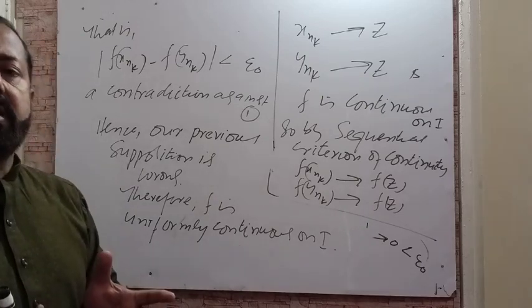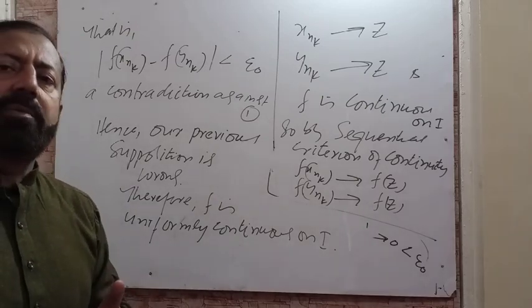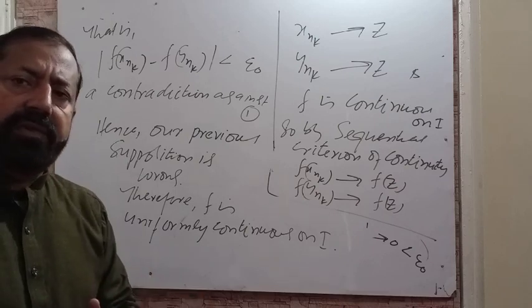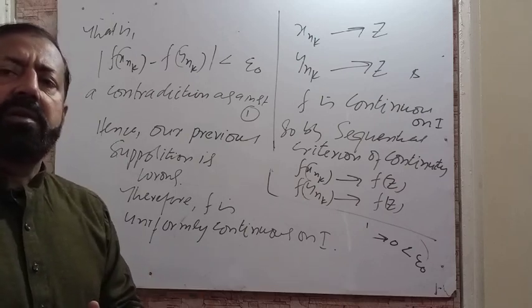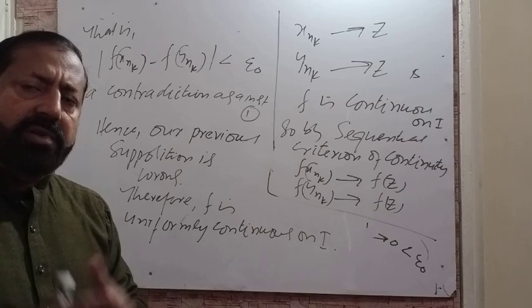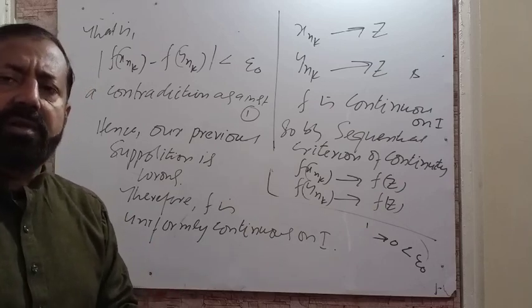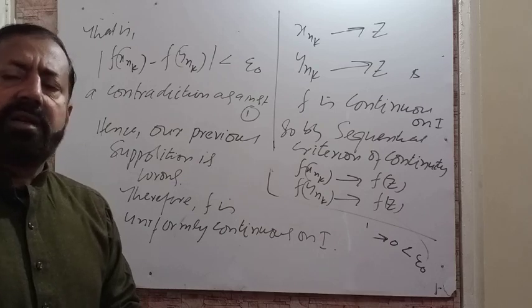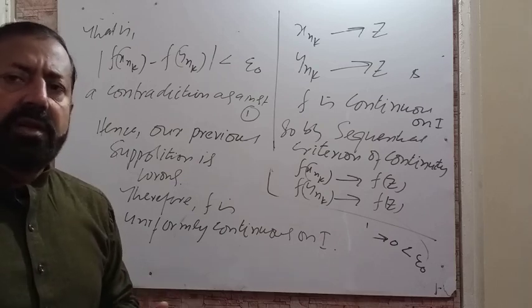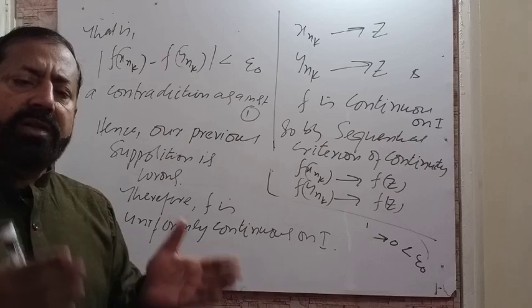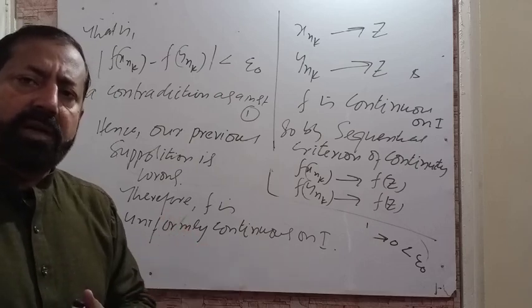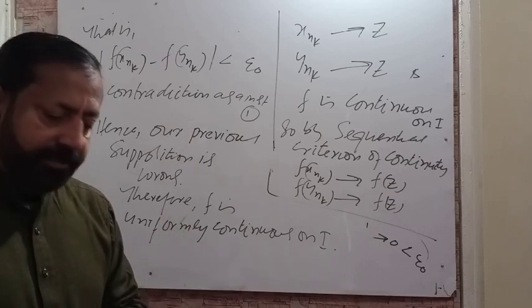You know the idea of non-uniform continuity, because I have defined that your function is not uniformly continuous if and only if there always exists at least one epsilon naught and two sequences x_n and y_n so that |f(x_n) minus f(y_n)| is greater than or equal to epsilon naught, even though |x_n minus y_n| is less than delta.